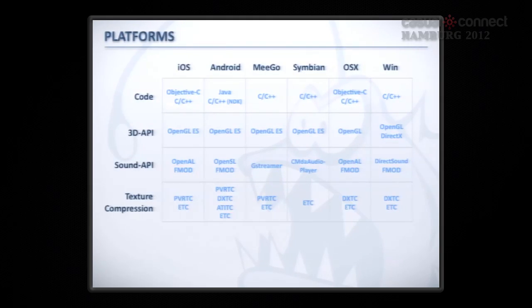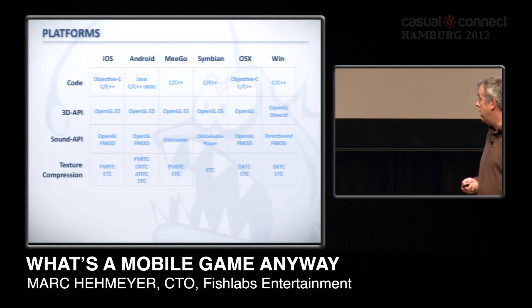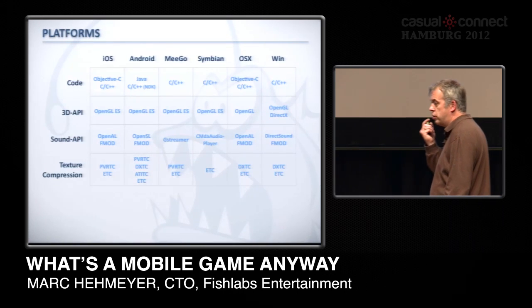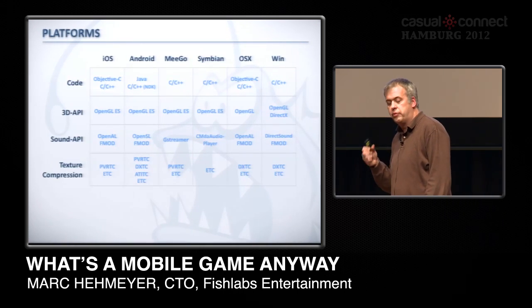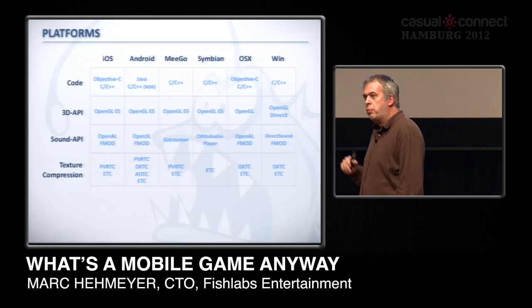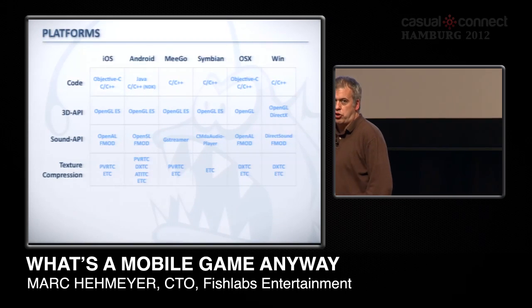Texture compression is also one thing you have to keep in mind. There are a lot of different GPUs out there, and every GPU vendor has its own texture compression format, and you have to deal with it, especially on Android. On iOS, you always have the Imagination Technologies GPU in place, so there's PVRTC, but on Android, you see every kind of texture compression out there.